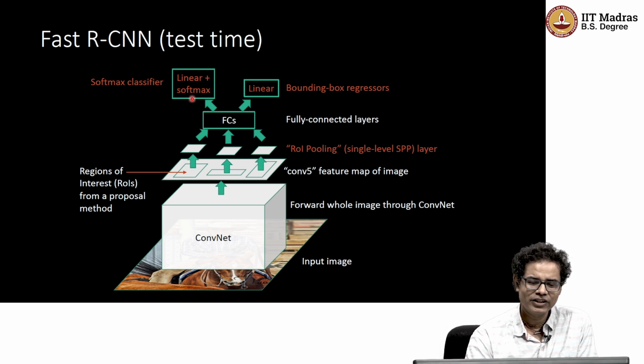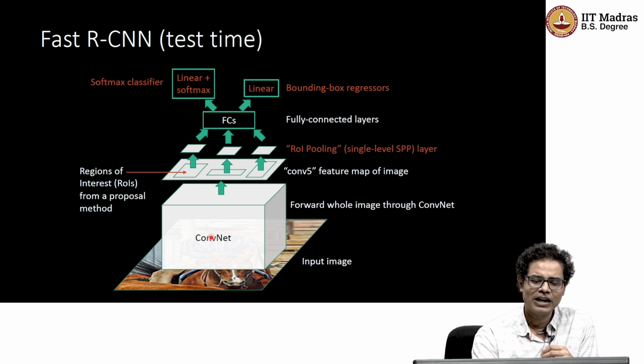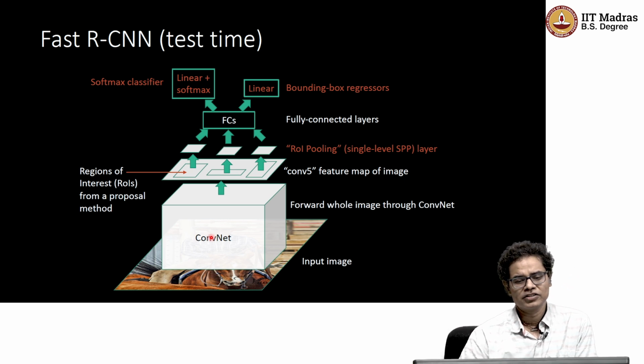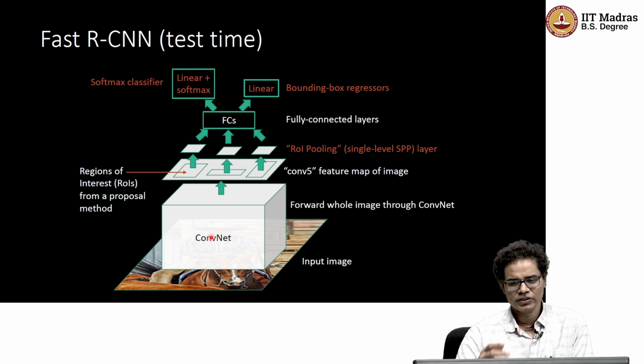In that case, given an image and the corresponding ROI, first you pass it through the ConvNet, get the features at some layer, Conv5 features, then map the ROI from the input to this Conv5 layer, warp them so that they are the same size, pass them through the fully connected layers, and then you have the softmax classifier and bounding box regressor. So this is during test time.